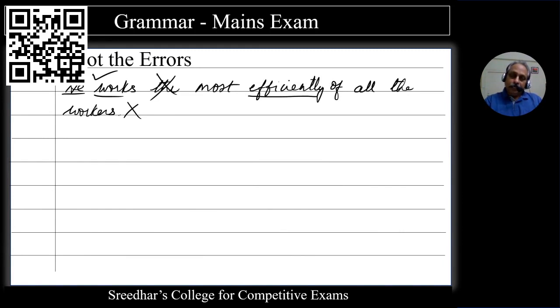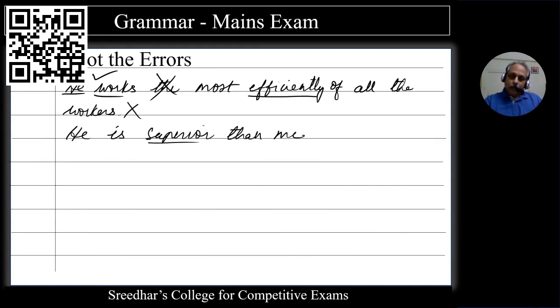Now let us go to degrees of comparison. One example. He is superior than me. Here, it is also a fact, there is no time, present tense, he is something, superior than me. Then where is the error?